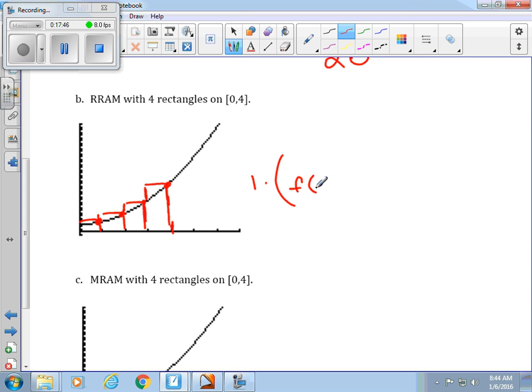F of what? 1. F of 2. F of 3. And F of 4.